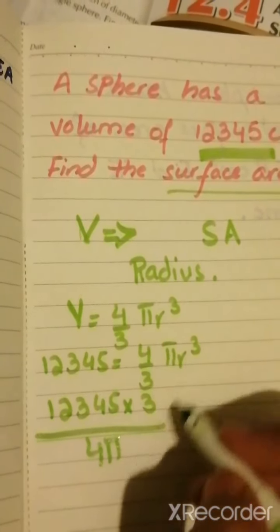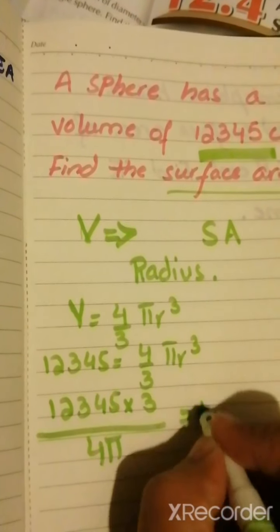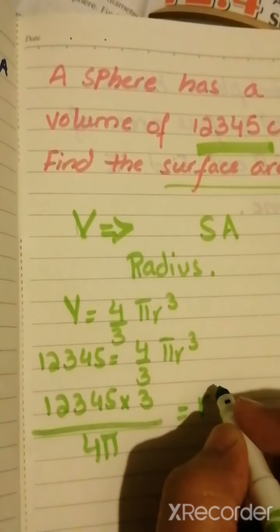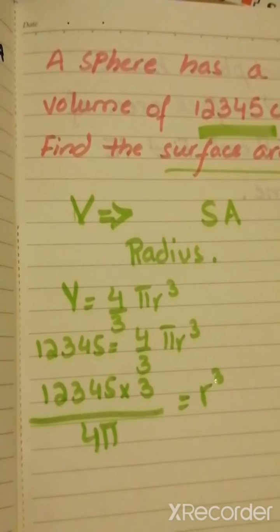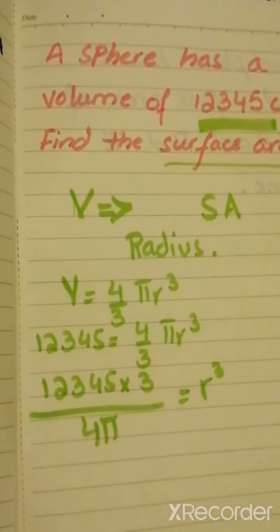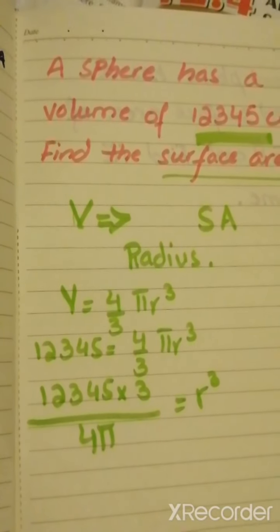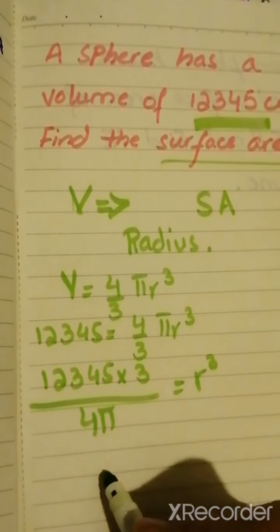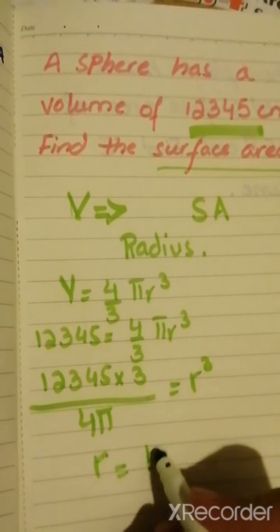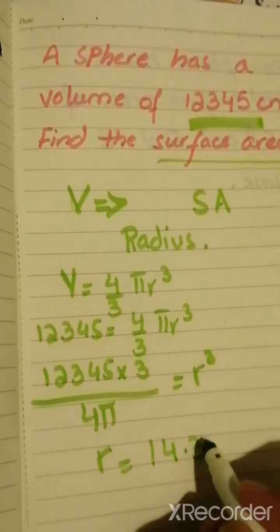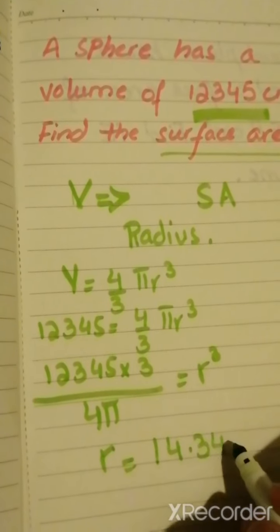Since 4 and pi are being multiplied by r cube, they come to the denominator on the left hand side. You get r cube equals 12,345 into 3 over 4 pi. Taking cube root on both sides, you will get 14.34 as your radius.